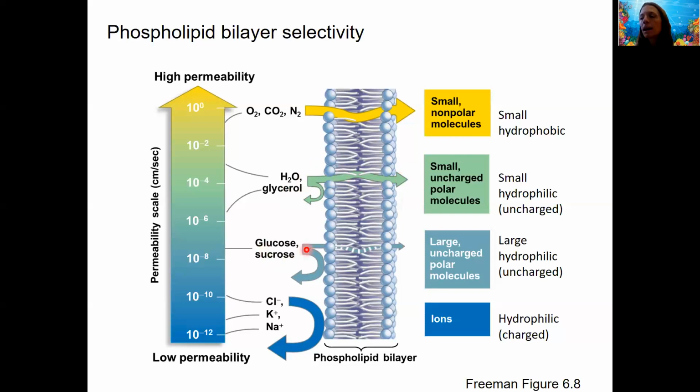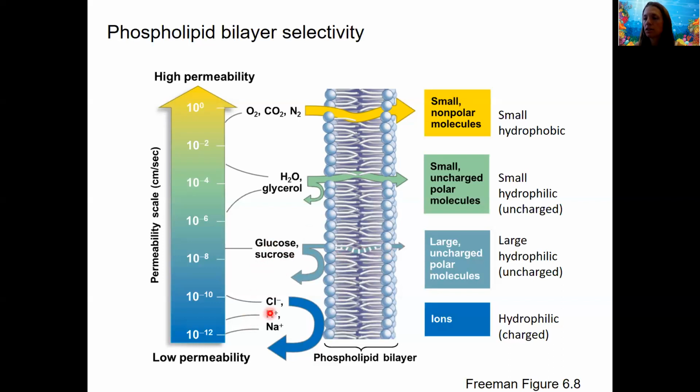Glucose can pass through some, not a whole lot though. It's too big. It's also polar, and it's a lot bigger, right? A 6 carbon ring versus H2O, which is 3 atoms. So we've got bigger things here that are larger, and they're hydrophilic. So that's not going to happen.